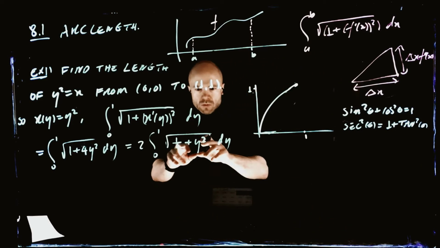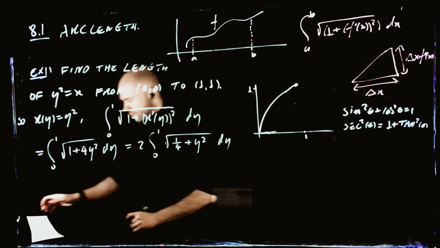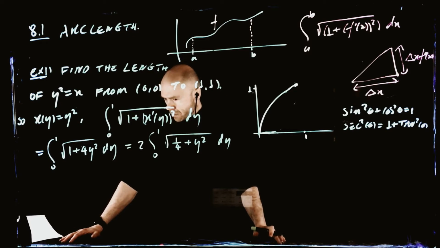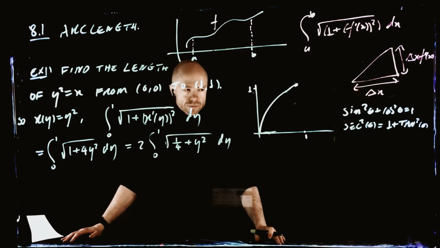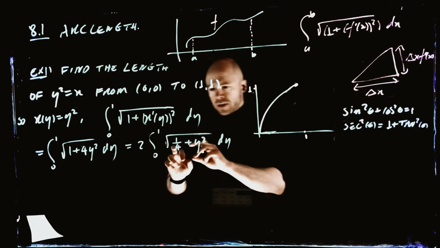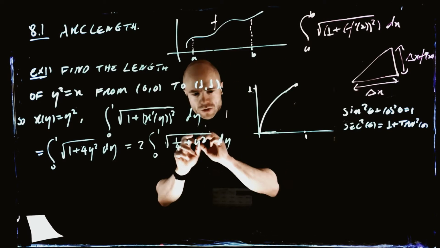Given these two identities, what's the reasonable substitution to do here? So if we see this 1 plus tan squared, we have some constant plus y squared, so it's natural to try and replace the y by tan.